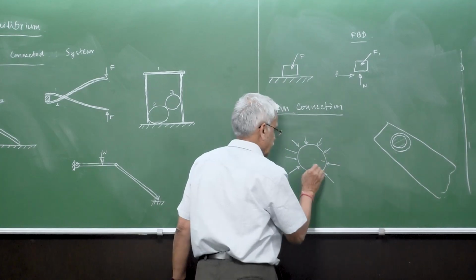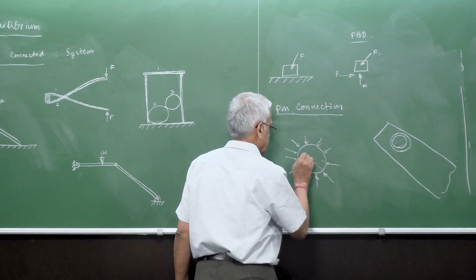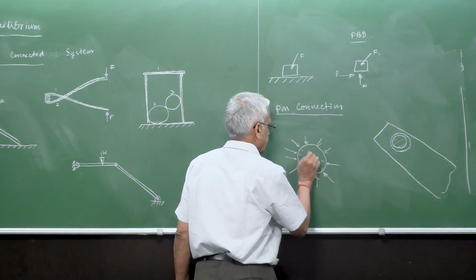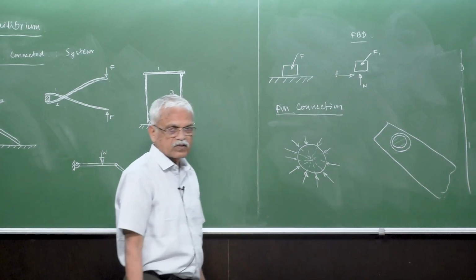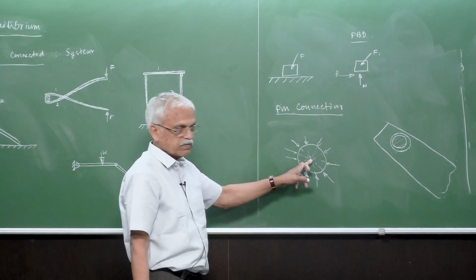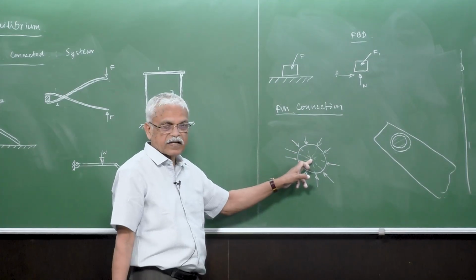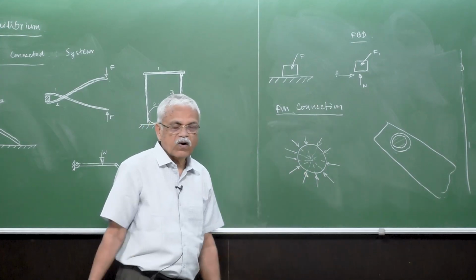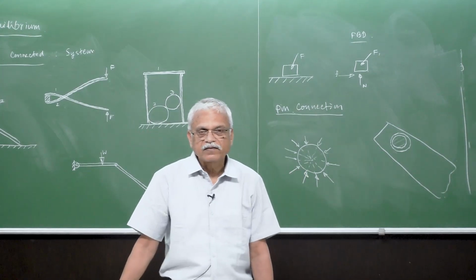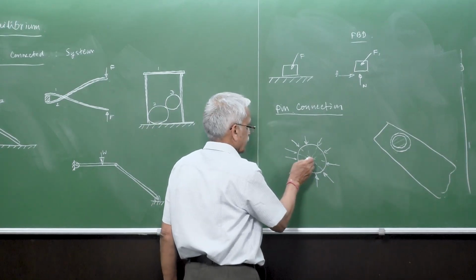So all of them will pass through the center, and from the principle of transmissibility of force, all these forces can be transferred to the center, right? So all the forces are concurrent at the center, so they all can be summed up into one single resultant force, right?